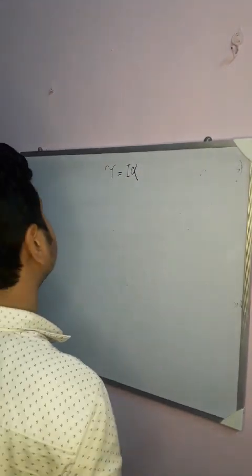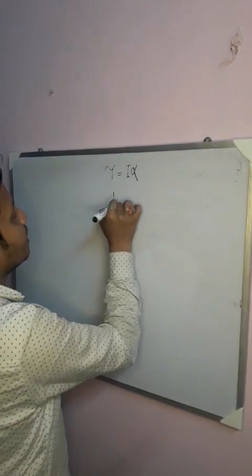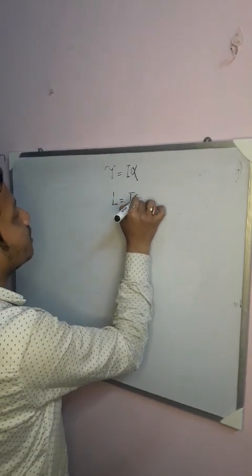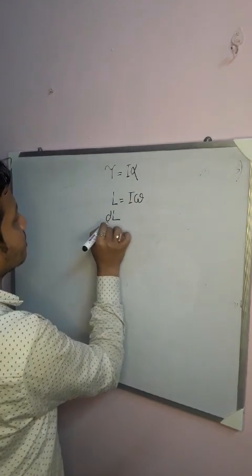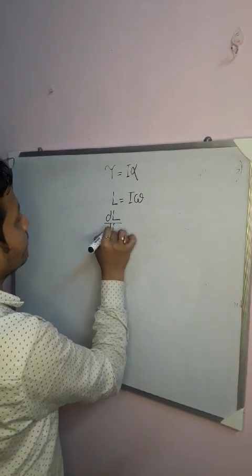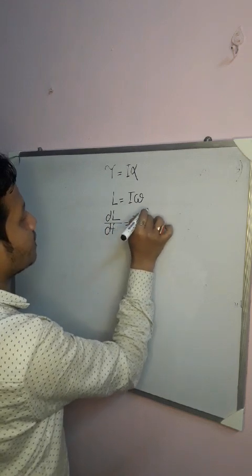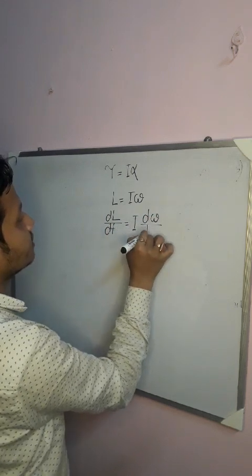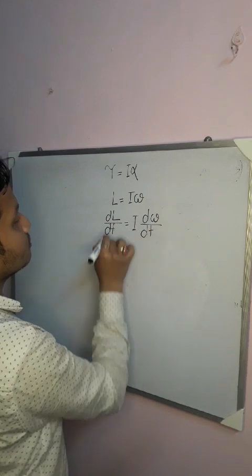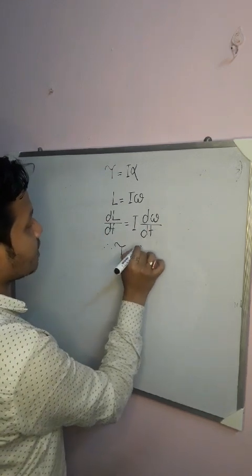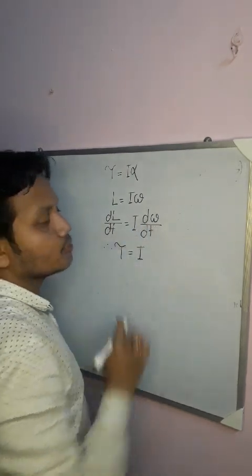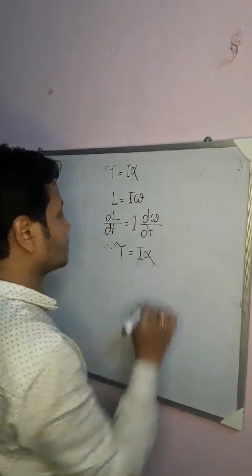How? This is simple. We write L equals I omega, that we all know. Just differentiate this expression: dL dt, with I constant, equals I d omega dt. So what is tau? Rate of change of angular momentum means torque, this is I, and rate of change of angular velocity means angular acceleration.